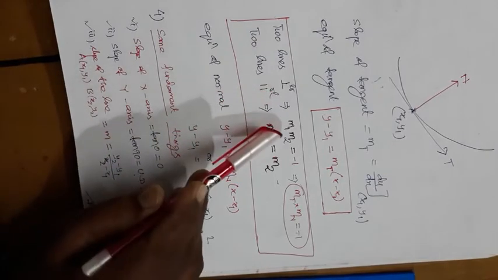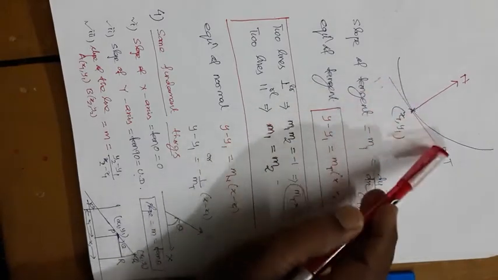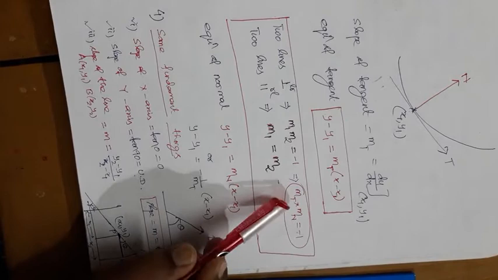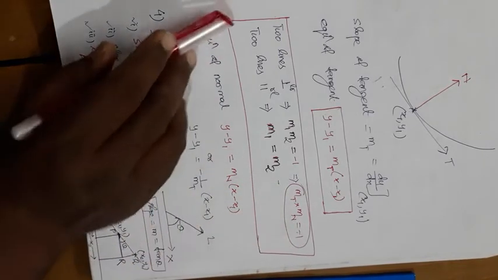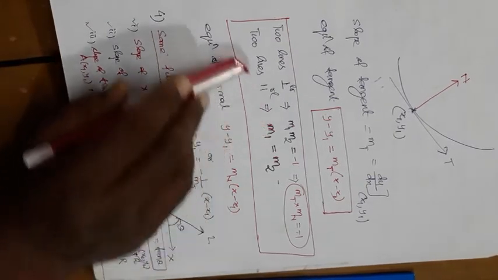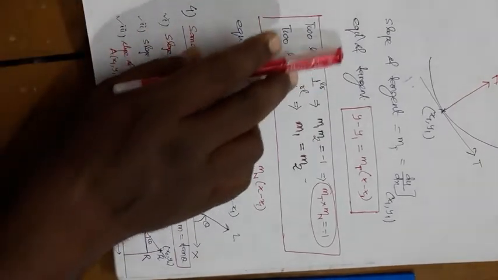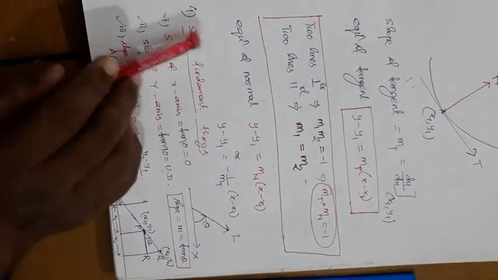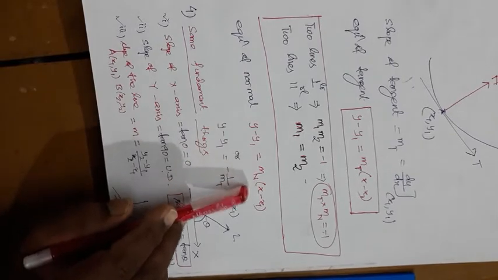We know when two lines are perpendicular, the product of their slopes is minus 1. As tangent and normal are perpendicular to each other, the slope of tangent into the slope of normal is equal to minus 1. When two lines are parallel, their slopes are equal. Now the equation of the normal is y minus y1 is equal to mn into x minus x1.